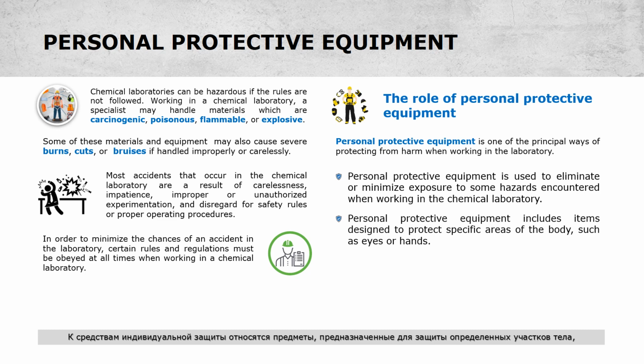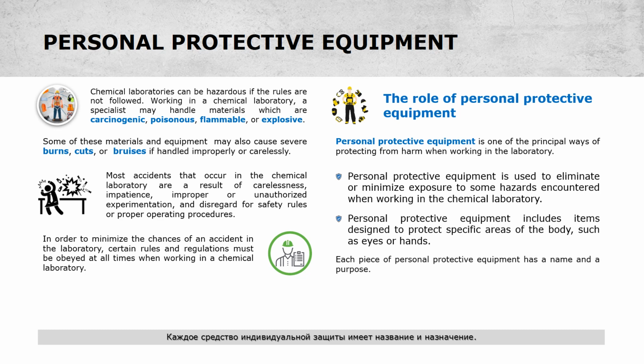Personal protective equipment includes items designed to protect specific areas of the body, such as eyes or hands. Each piece of personal protective equipment has a name and a purpose.